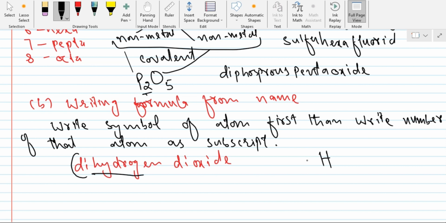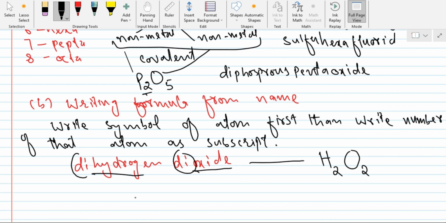Di, and di refers to 2, and we write that 2 as a subscript, the lower power. Next, dioxide. Oxide refers to oxygen, so O, and di again refers to 2. So the formula is H2O2.